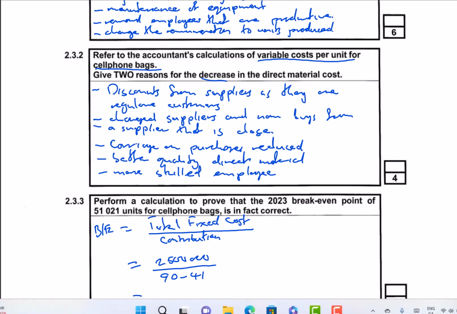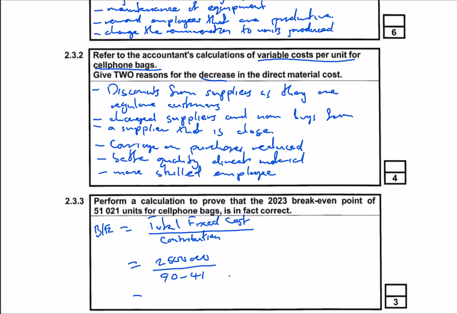So that will be equal to 90 minus 41, that's 2,500,000 divided by 49. So that will be 51,020. Right, 51,020.